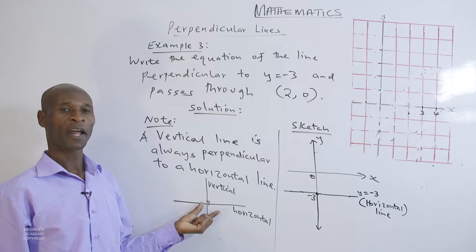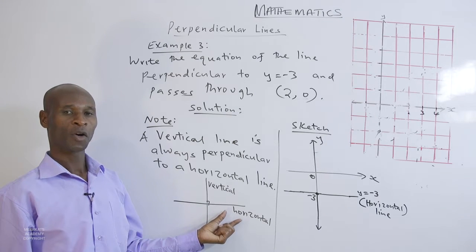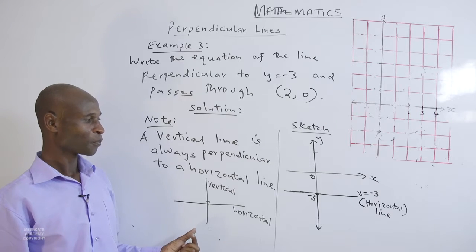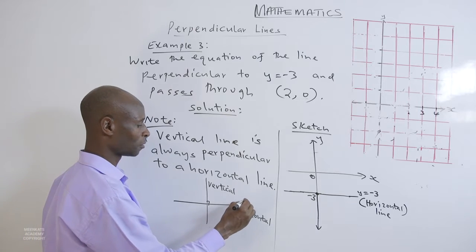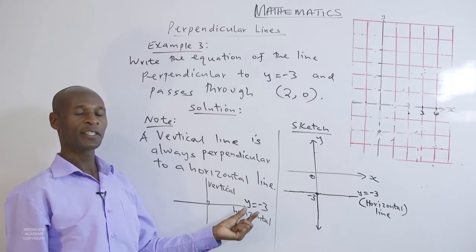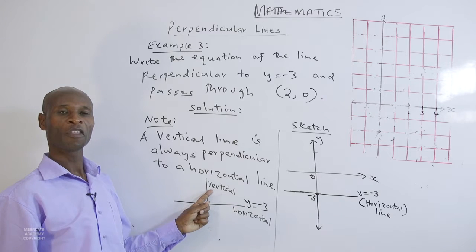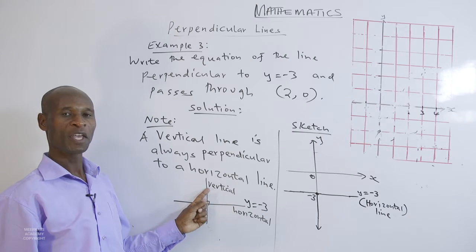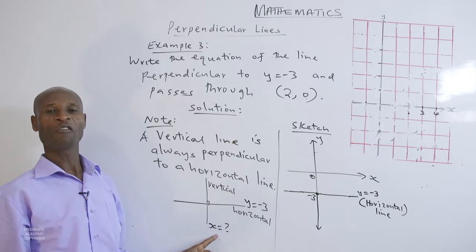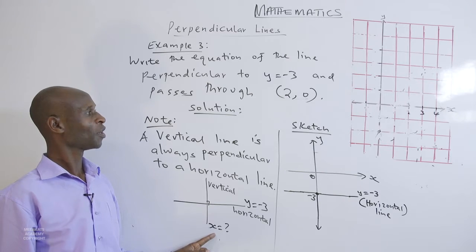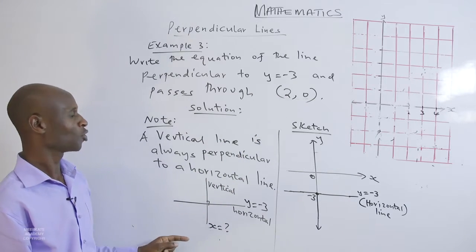The two lines are always perpendicular, that's vertical and horizontal. And therefore, if the horizontal line has an equation y is equal to -3, the equation for the vertical line must always be x is equal to something. So we read off the x coordinate. In our case, the line is passing through the point (2, 0).